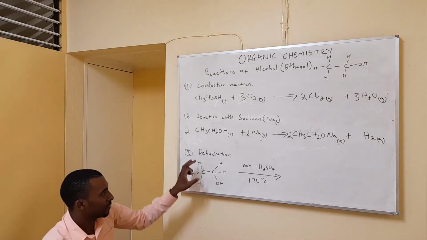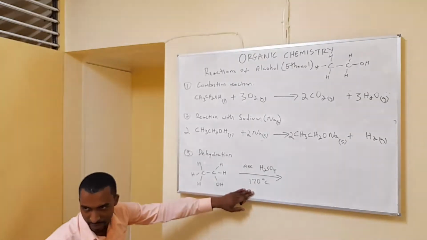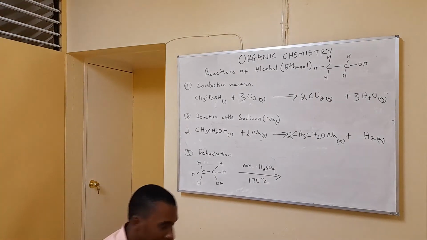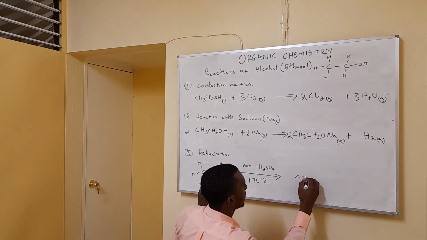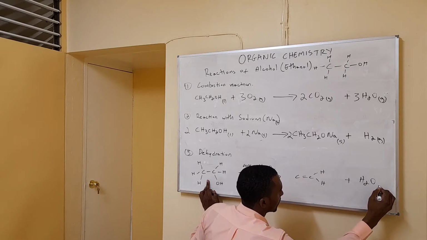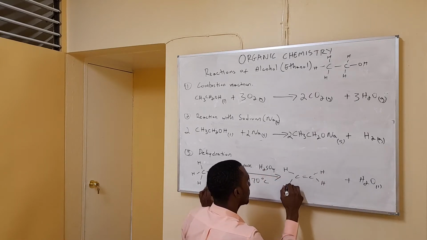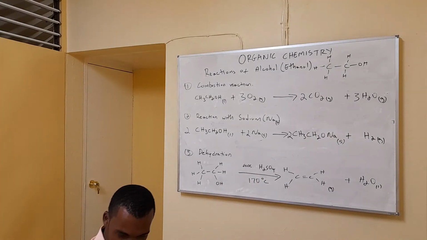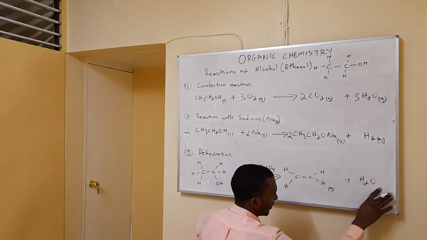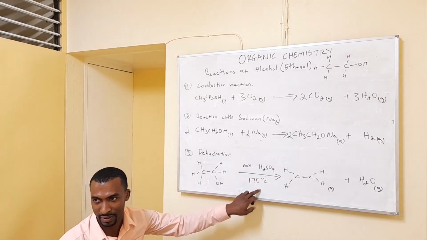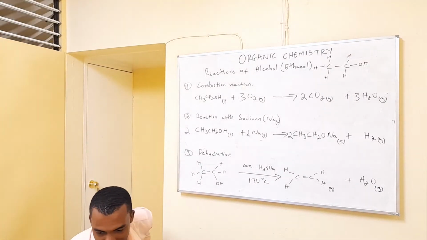So if we put the alcohol in concentrated sulfuric acid and heat, then we will produce the alkene, C double bond C, plus water. This will be water vapor because it's high temperature, above the boiling point of water, so the water produced will be a gas.